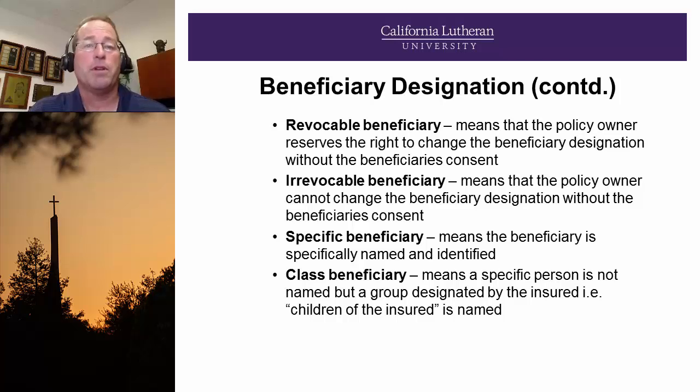So for example, to my children, Sally and Tommy in equal shares. That would be specific. A class beneficiary means a specific person is not named, but a group designated by the insured. The beneficiary could be my trust, and then once the death proceeds go to the trust, the will and trust will dictate how that money comes out to specific beneficiaries.